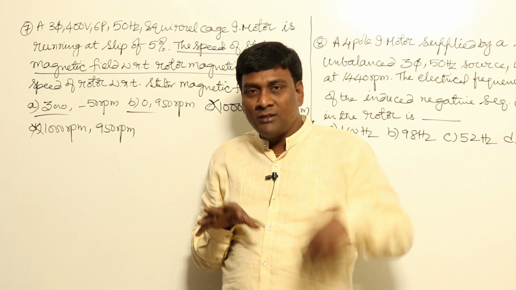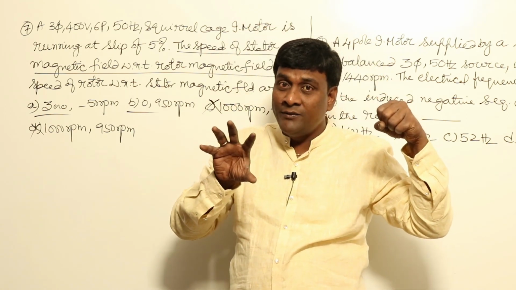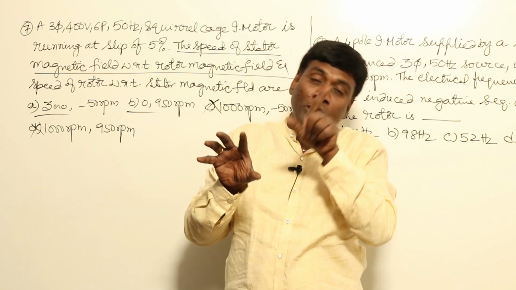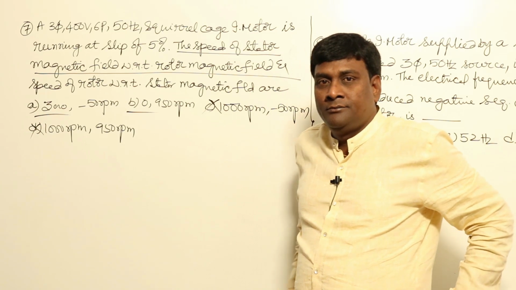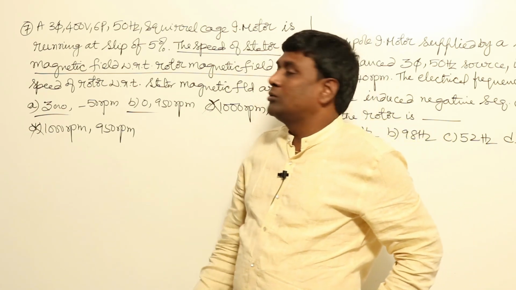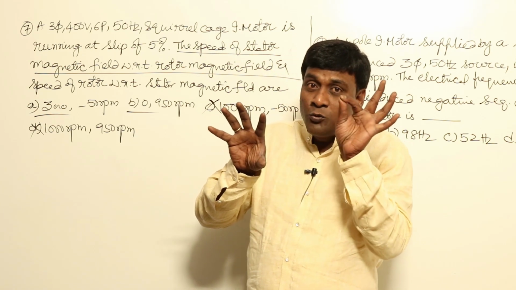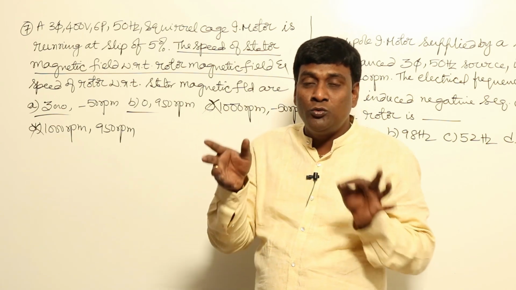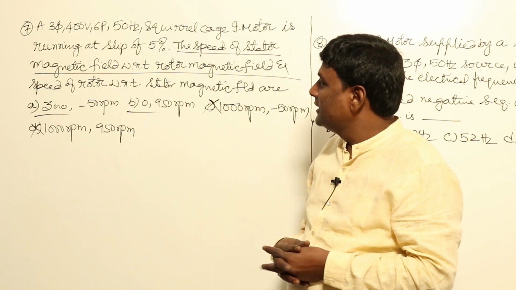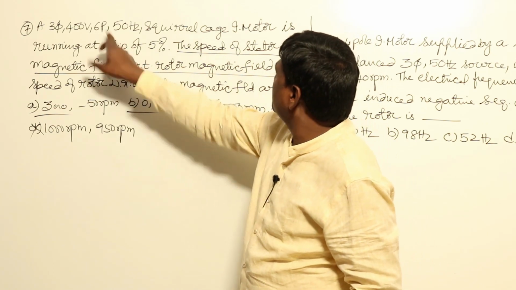For example, if the stator field is rotating at 1000 and the rotor is rotating at 950, the rotor magnetic field will rotate at an extra 50 rpm such that 950 plus 50 is 1000. Getting my point, right? So the rotor is rotating at 950, and the rotor magnetic field is rotating at 50 relative to it. So what is the difference between these two? Minus 50.